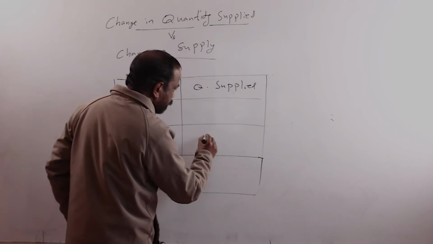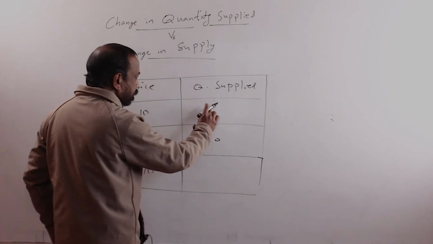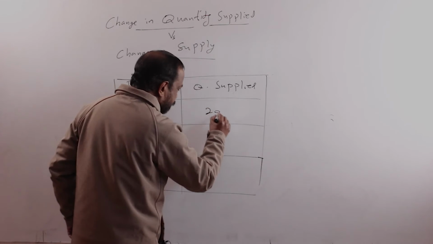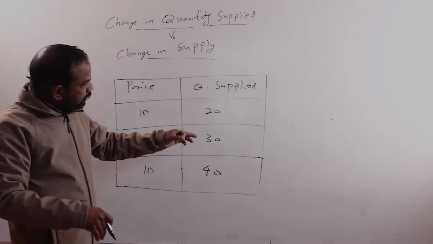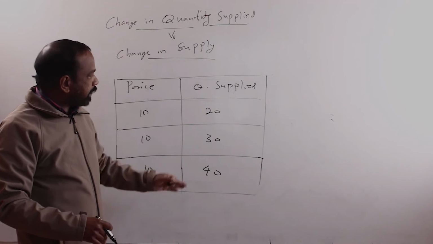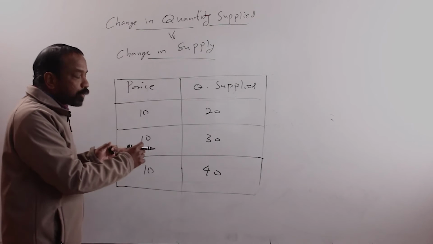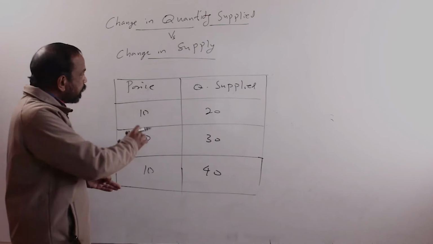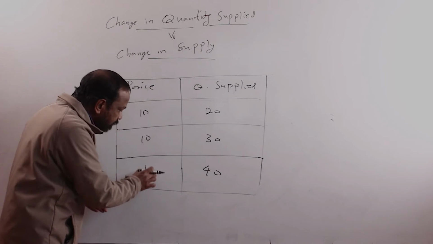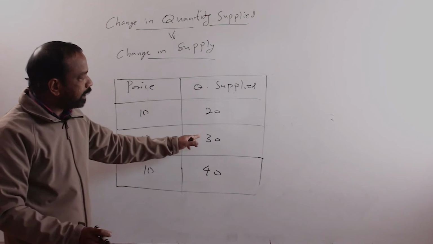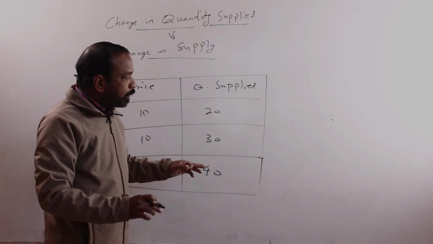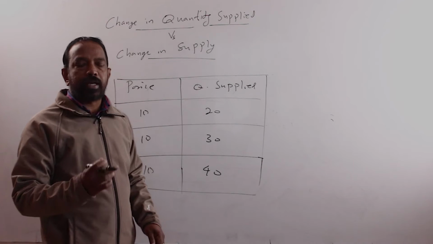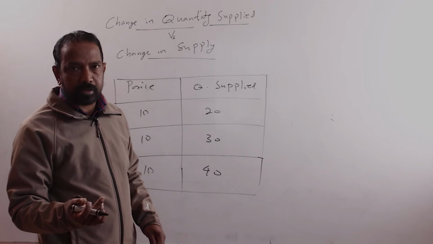Look at supply: it is 30, now supply is 20, and supply is 40. Now supply varies. Supply increases and supply decreases because of non-price factors, because you can see our price remains the same but supply varies from 30 to 20 and 30 to 40 because of change in non-price factors.